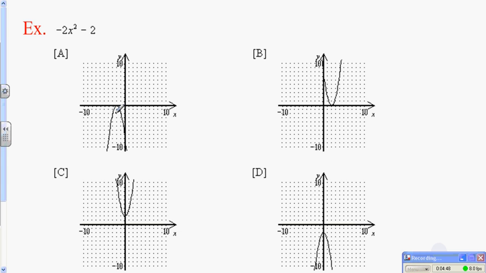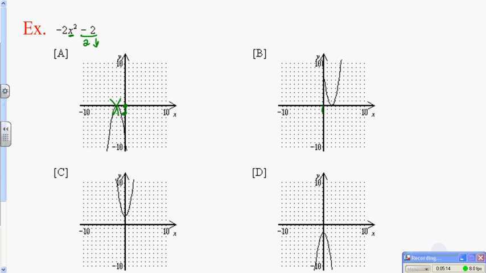Another one, all right. If you look at this one, nothing is inside parentheses, so it does not move left or right at all. But it did move 2 units down. So it's supposed to be at this origin, but it shifted 2 units down. So it should be here. This one went to the left.